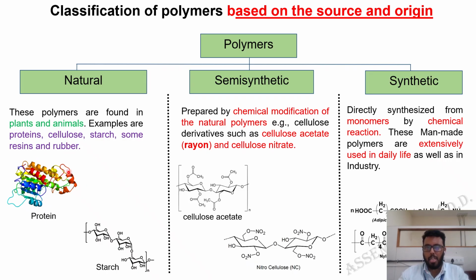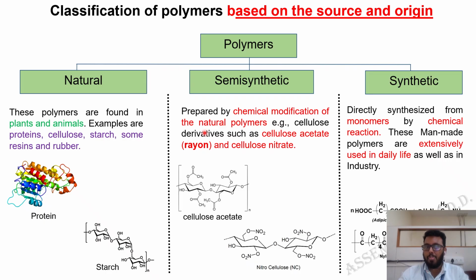This is the protein structure, and this one is a starch structure. You can look at the functionality, and also this ring structure, the cyclohexane ring structure, is also present with the epoxide bonds.